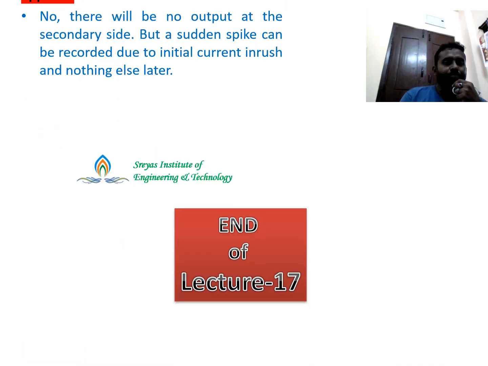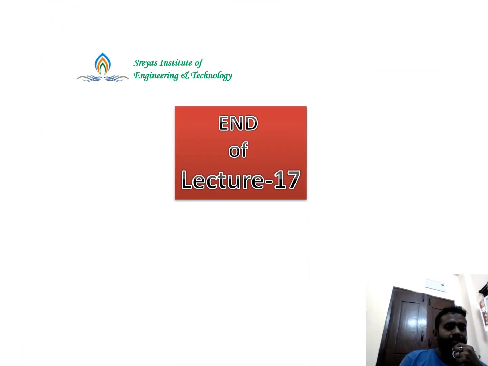Thank you. So this is the end of lecture 17, Basic Electrical Engineering, Unit 3, Transformers. Today we have seen what is the equivalent circuit of a transformer: equivalent circuit referred to primary, equivalent circuit referred to secondary, and their expressions, and the approximate equivalent circuit, and also different questions like why a transformer is rated in kVA, what happens if DC is applied to the transformer, and is there any voltage available at the secondary of the transformer if the primary is excited by a DC source.